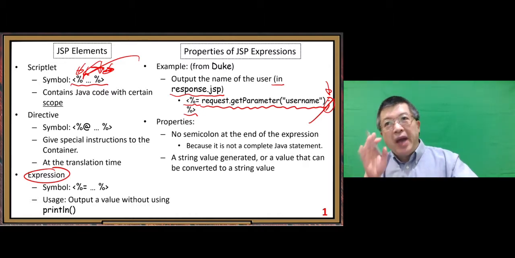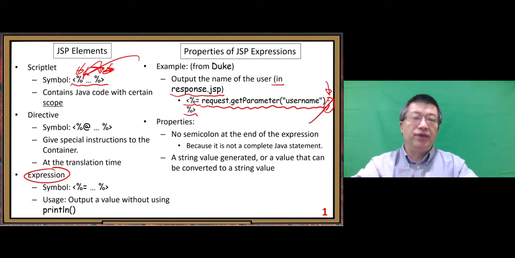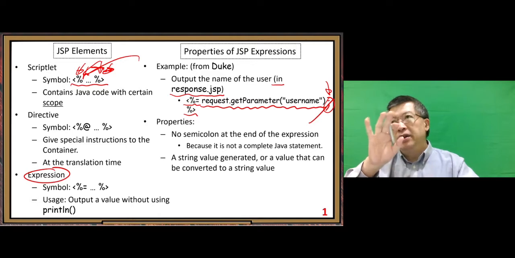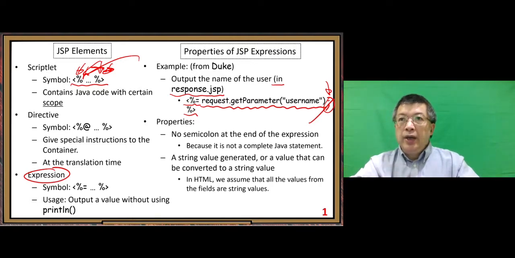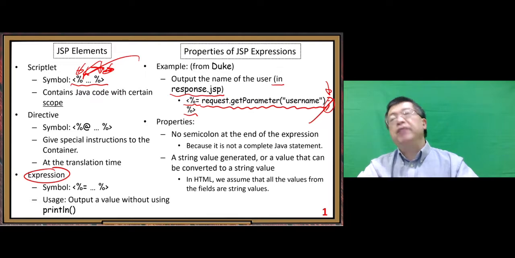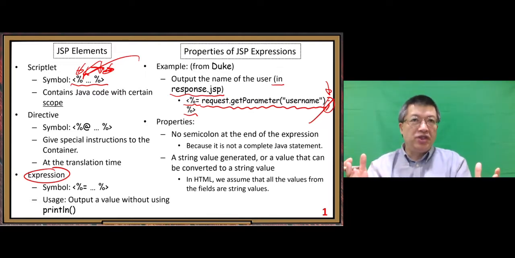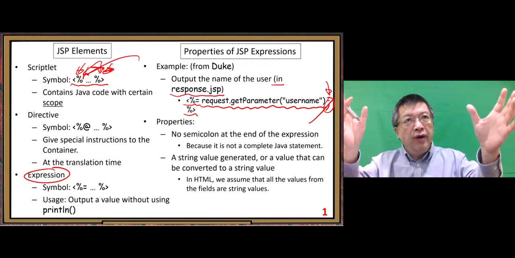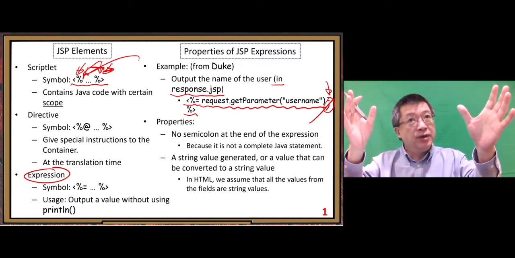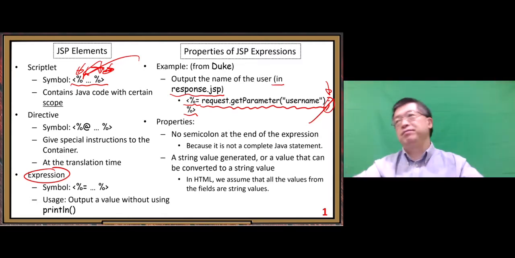But here we need to have a little more discussion on this conversion. In HTML, we assume all the values from the fields are string values. So all the parameters we send from HTML or JSP to the server are string values.